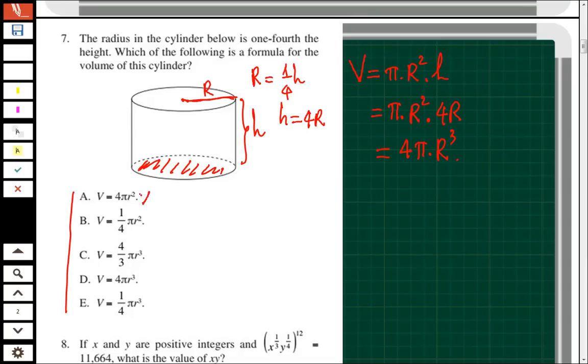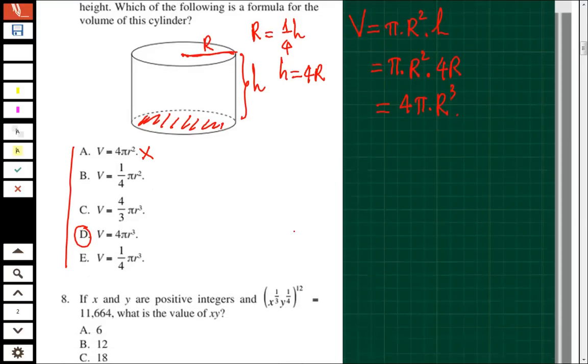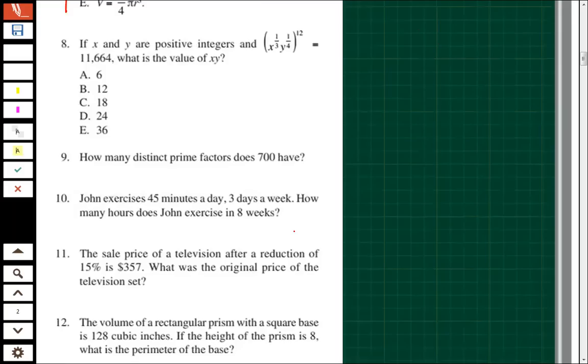Oh, no. This one, number 2, the final result is option D. Question number 8.